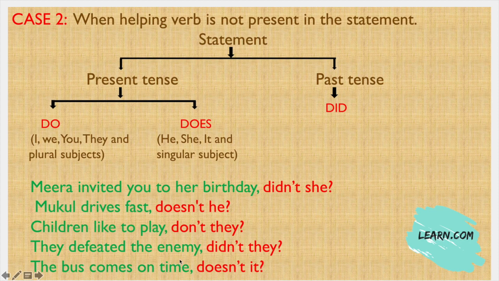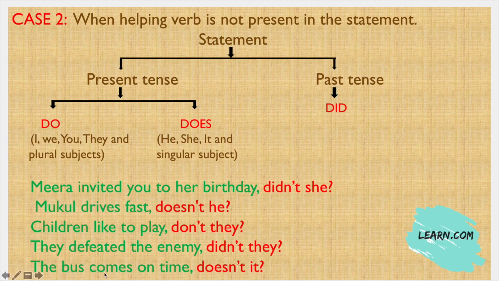They defeated the enemy. The pronoun is already present: they. Helping verb is not present, but the main verb is in past tense. Defeated, it is in past tense. Past tense means did. Since the sentence is positive, didn't they? The bus comes on time. Again, the subject is the bus, which means the pronoun for it will be it. For non-living things, we use it.